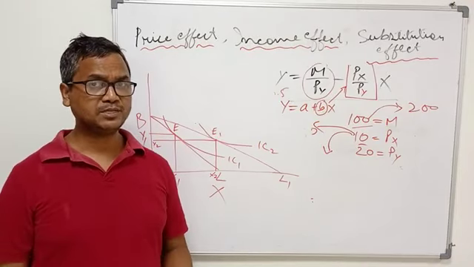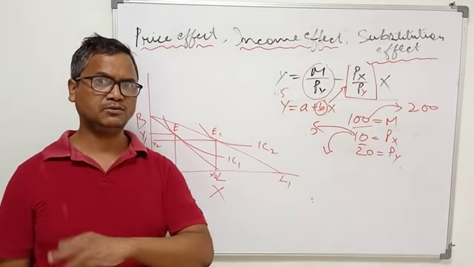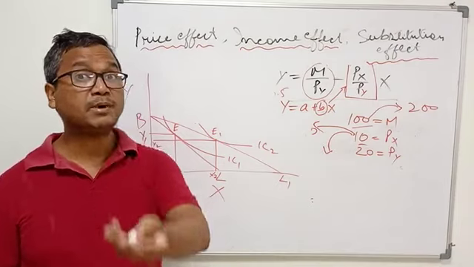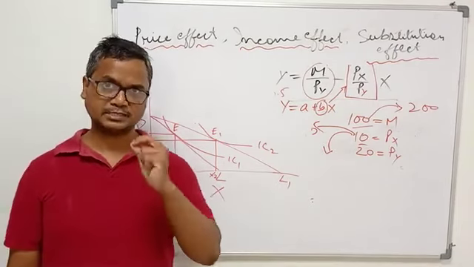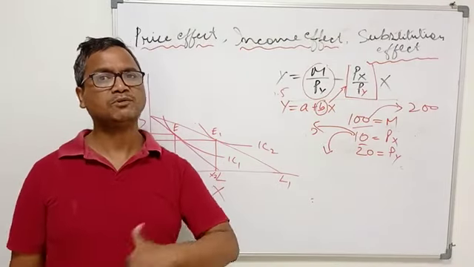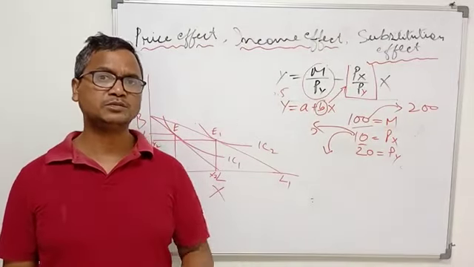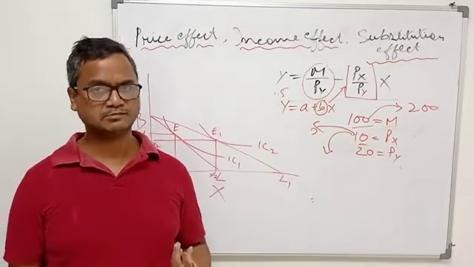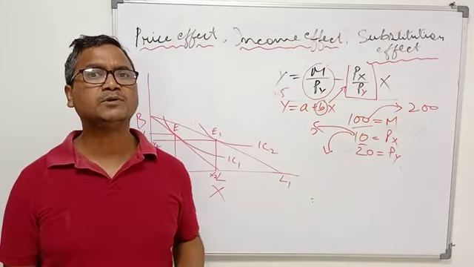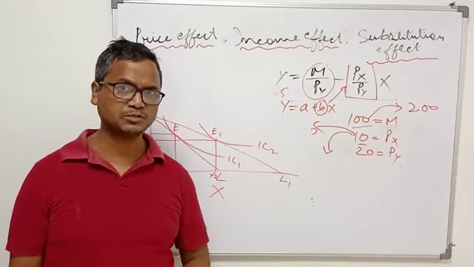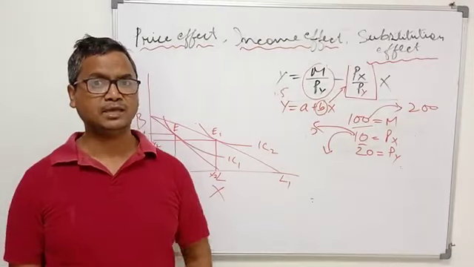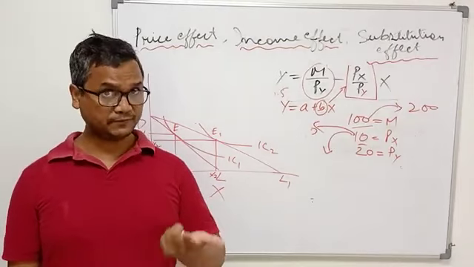When the price of a commodity falls, your purchasing power increases. That means with the same amount of money you can now purchase more goods, or to purchase the same amount of goods you have to spend less money. Your purchasing power has increased because of falling prices. That is known as the income effect.